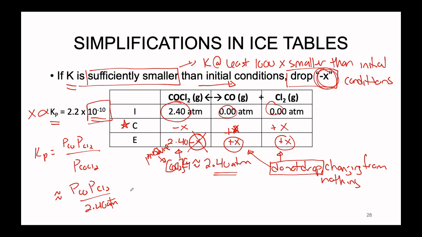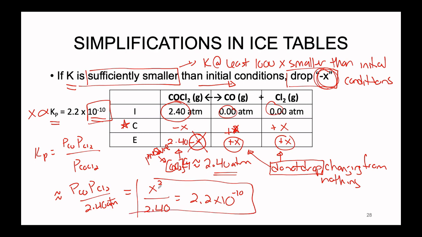So the X's are going to remain in the numerator, giving us an X squared, since we're taking X times X, all divided by 2.40. And this is going to be equal to our equilibrium constant, that 2.2 times 10 to the negative 10. Now, if we rearrange and solve this equation, it's going to be very easy to solve for X. We multiply the 2.4 up onto this side, and then we can take the square root of both sides.